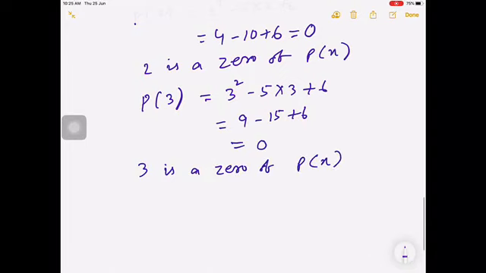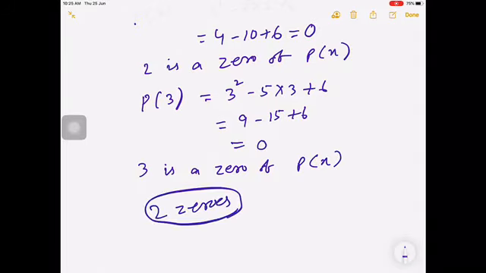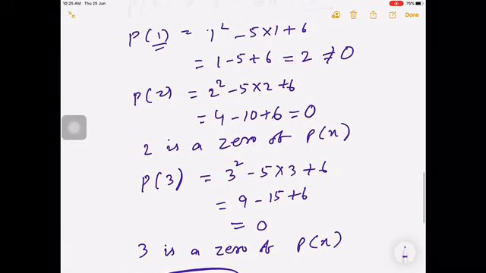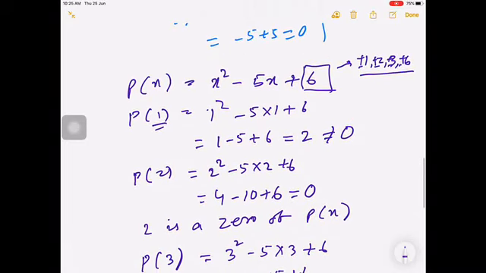That means in this polynomial we found 2 zeros. Can you name the polynomial? As we have already discussed in the last class, this is a quadratic polynomial. You see, the exponent is 2 here.